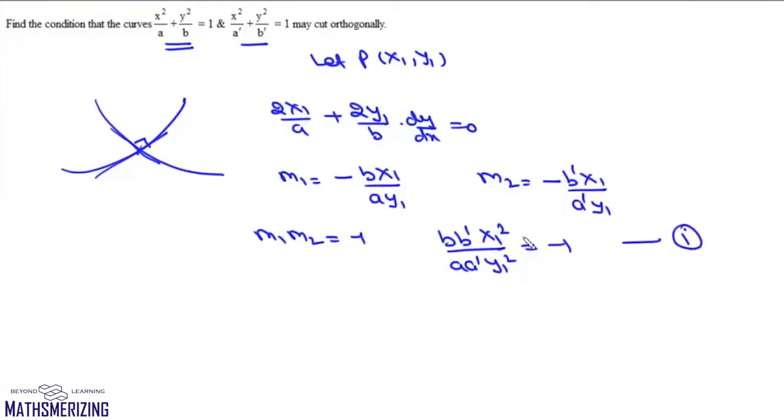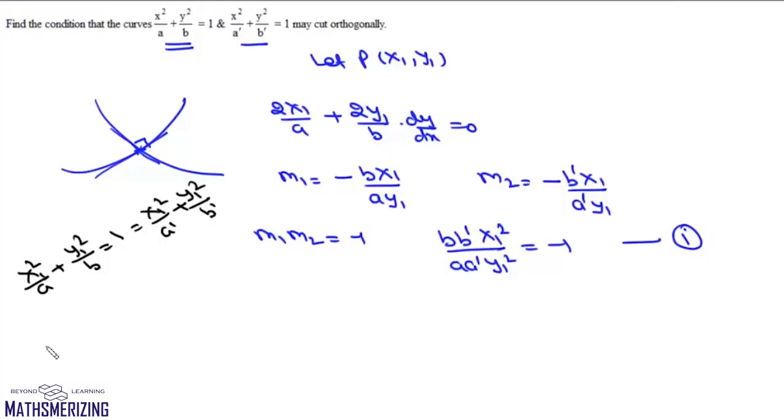Now we have to find this condition with a and b. We need to find the value of x1 square upon y1 square. Now these two curves intersect at this point (x1, y1). So we can write x1 square upon a plus y1 square upon b is equal to 1, and it is equal to x1 square upon a dash plus y1 square upon b dash.